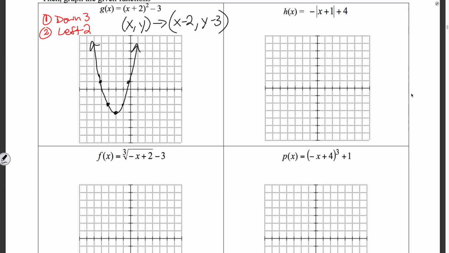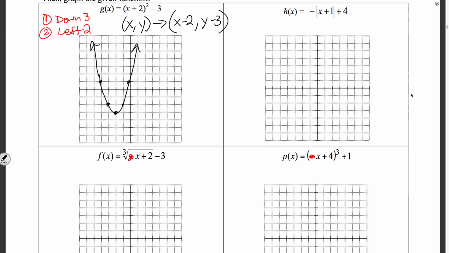So do that for all four of these. You're just going to talk about what happened to the function, and take the negatives off if there's a negative on the x. We're not going to deal with those negatives on the x in this class. So just deal with it with a positive on the x and graph them and tell me the three things that happen.